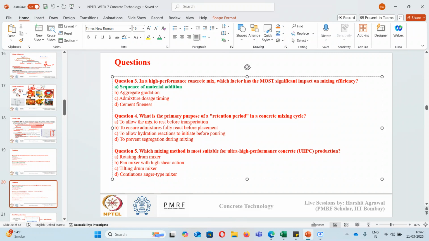Now, question 4: what is the primary purpose of retention period in a concrete mixing cycle? This is something that I have not told you during the mixing, but try to answer.